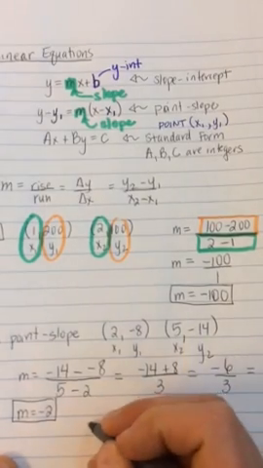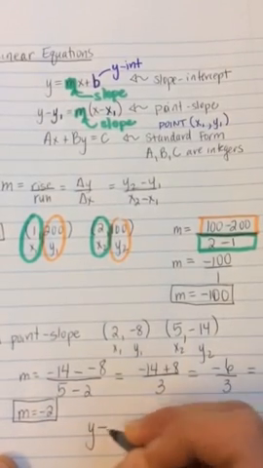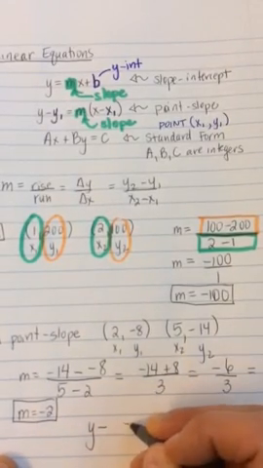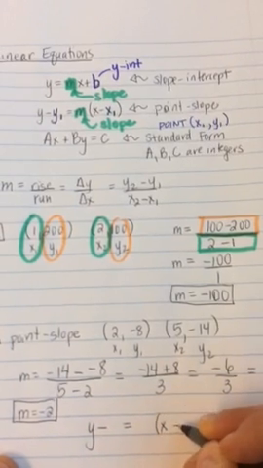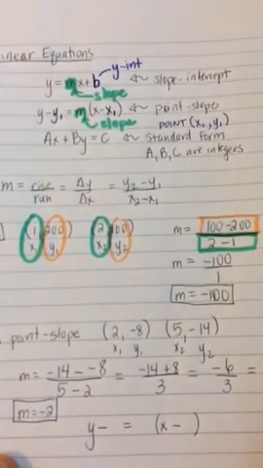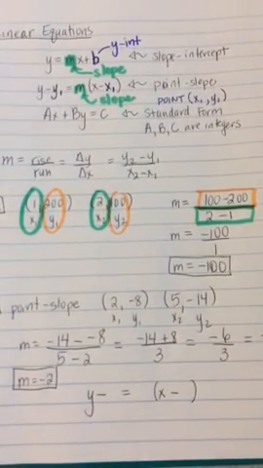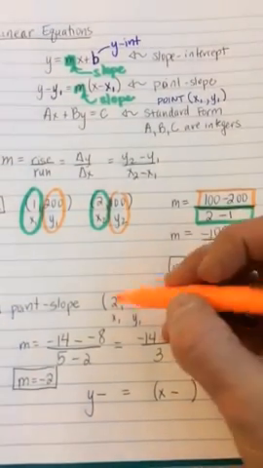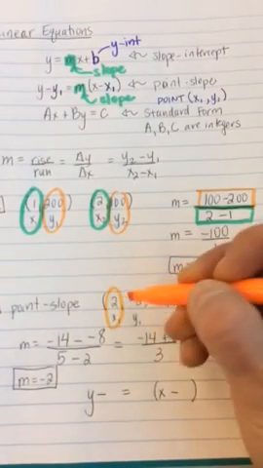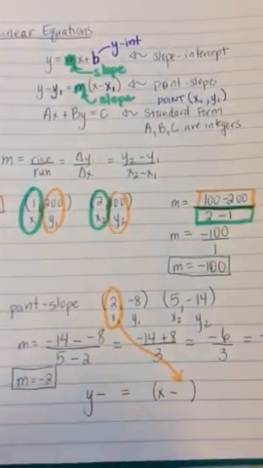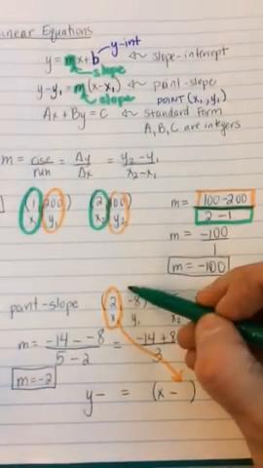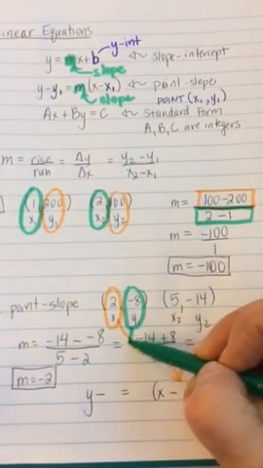So the formula says y minus whatever y1 is equals the slope times x minus whatever the x is. So let's just be clear about what we're putting in which blank. This is the x coordinate we're using, and we're going to put that down here. This is the y coordinate that we're using, and we're going to put that here.